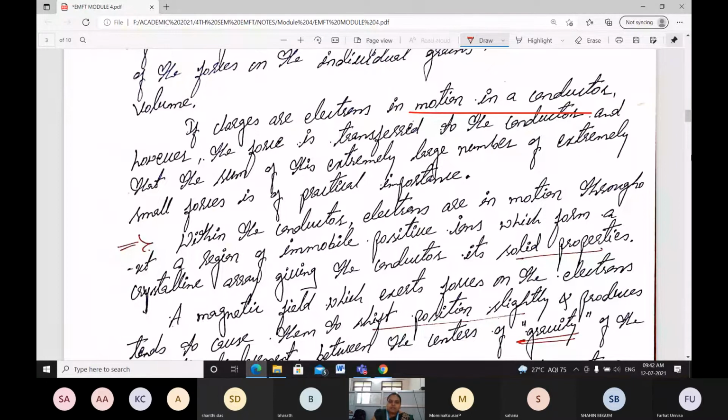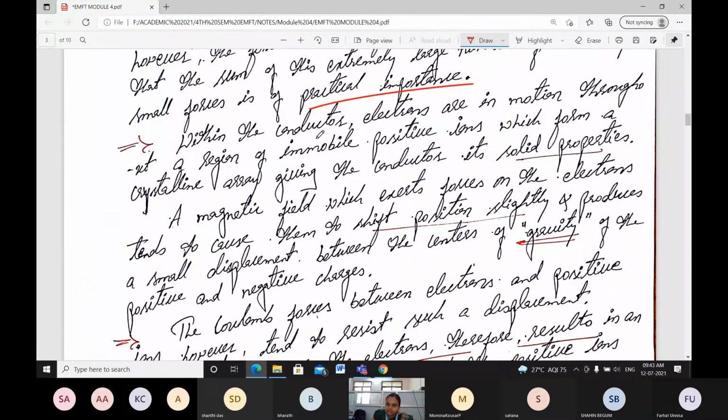For those electrons in large number, the force happening on each is very small. A large number of extremely small forces is of practical importance. Each and every one is important for us.